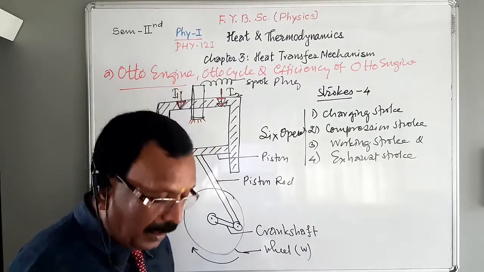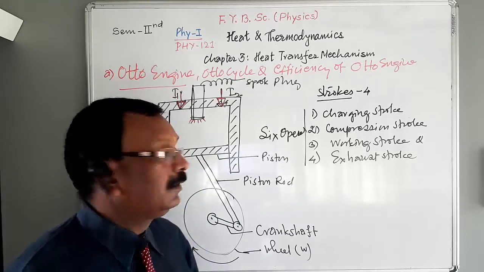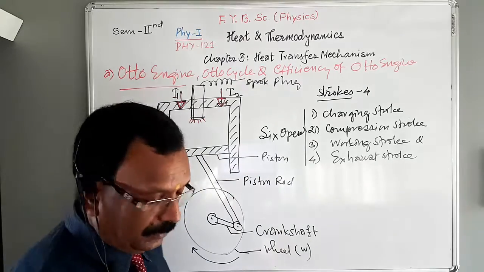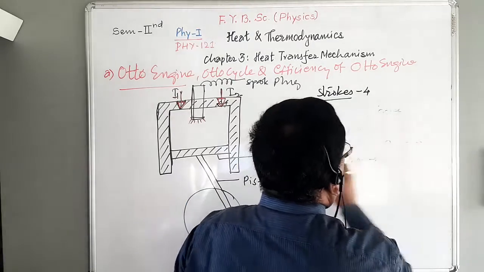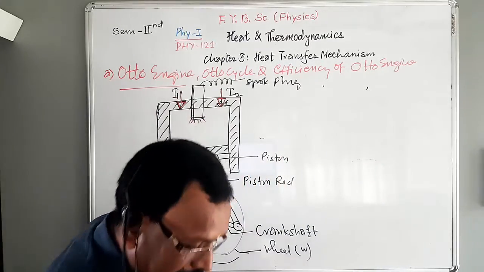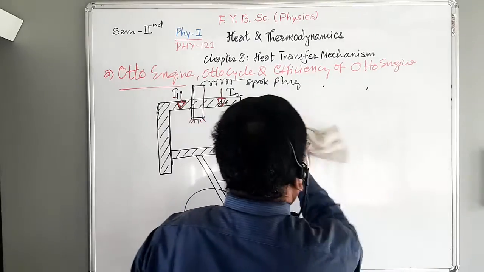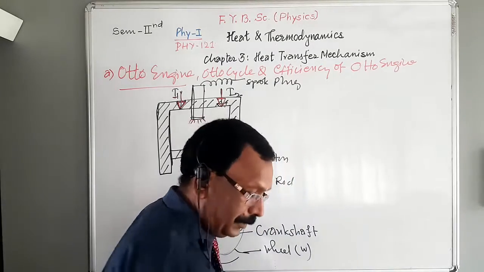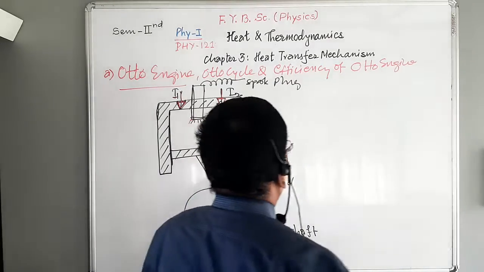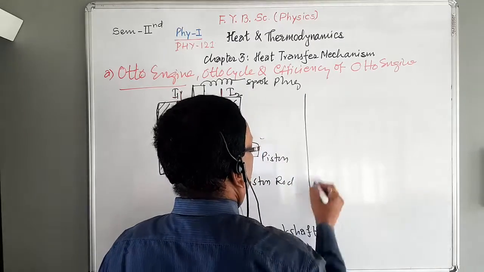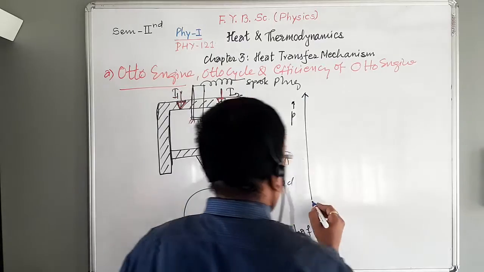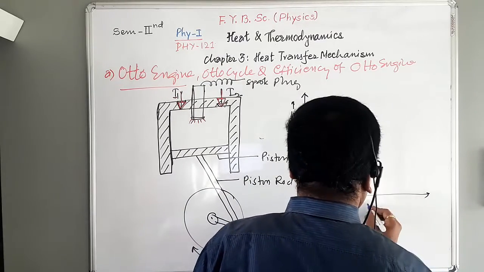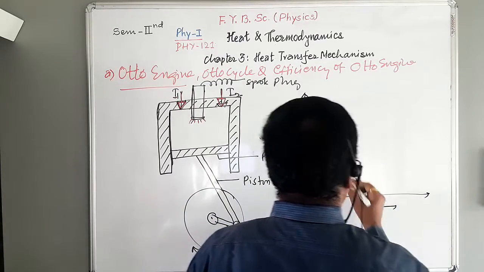See here, I am going to draw the diagram of Otto cycle. Very simple figure is there. This is the y-axis on which pressure is considered. This is the x-axis on which volume is considered.